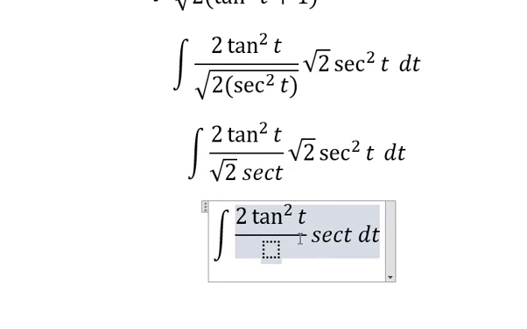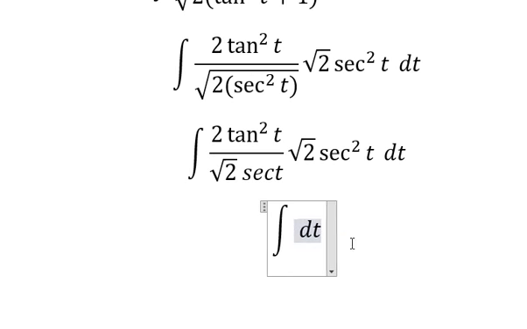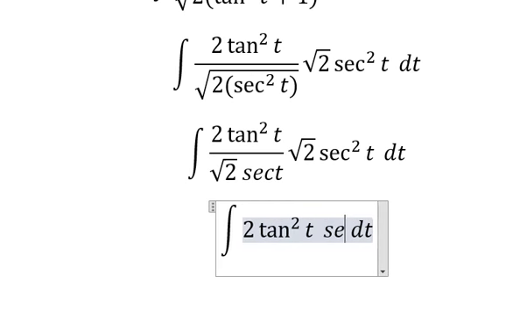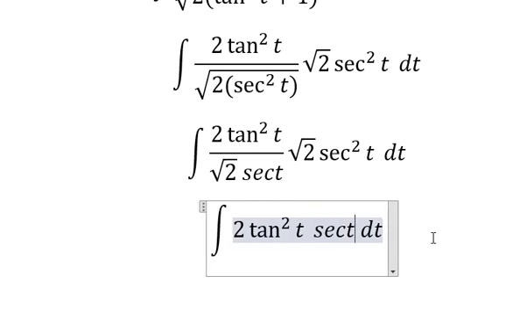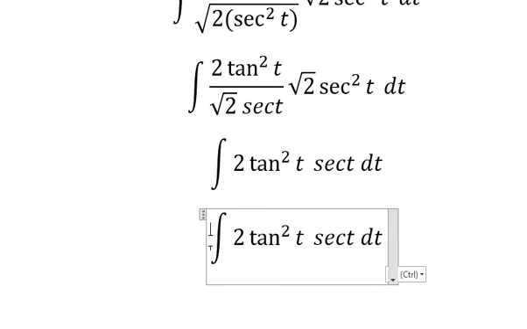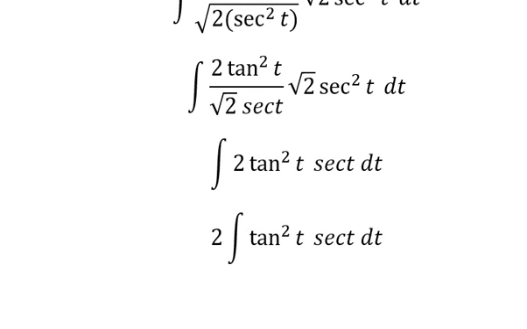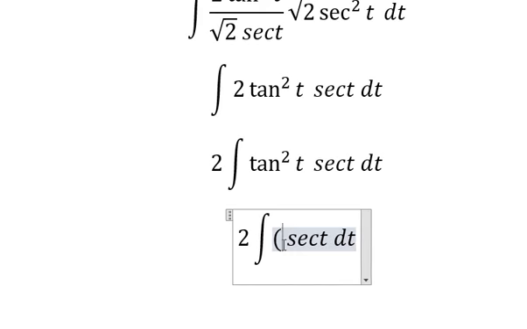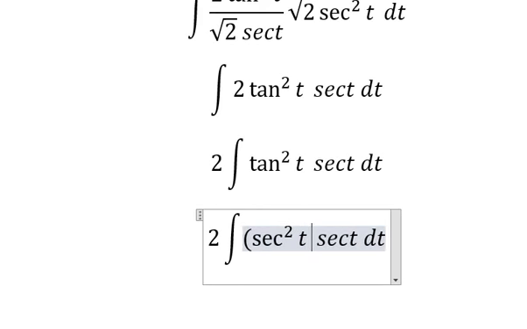And we have this one in here. So I will write 2 tan squared t secant t. So I will put 2 outside. And we know that tan squared t we can write as secant squared t minus 1.